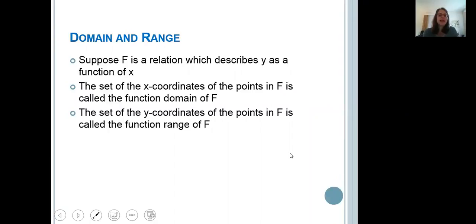Okay, now we're going to talk about domain and range. I found a cute little video that I am going to post for you on the Canvas page. It really explains domain and range well. Look for it in the Chapter 1 module, somewhere near section 1.4.